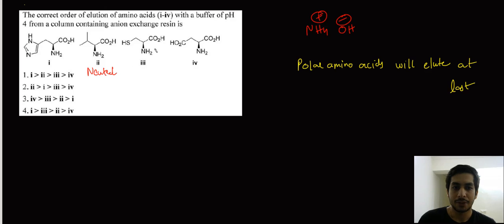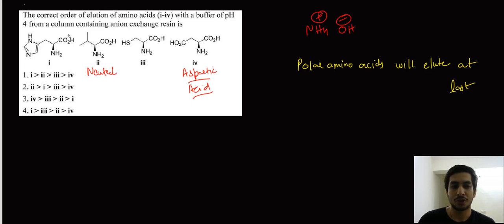Then this over here is cysteine, which is a bit polar, and this one over here is aspartic acid, which is very polar in nature. So aspartic acid is the most polar, and cysteine is a little less polar. Leucine is neutral, and over here this is histidine, which is basically non-polar.